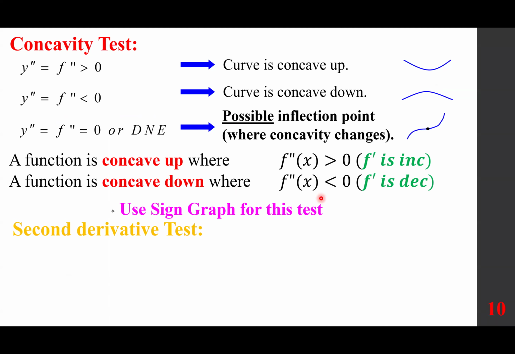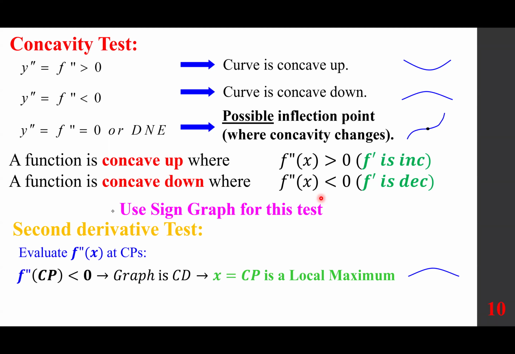Is that the same as the second derivative test? Absolutely not. The second derivative test gives you half of the information of the first derivative test. That means you find f double prime and evaluate it at the critical points. What are the critical points? Remember, f prime equal to 0. And you plug in the critical point.